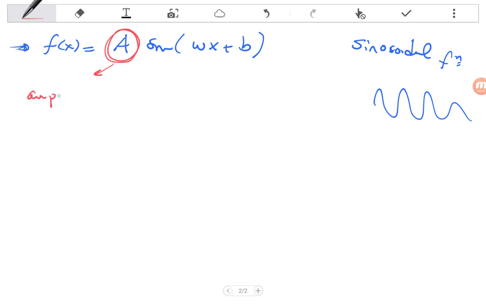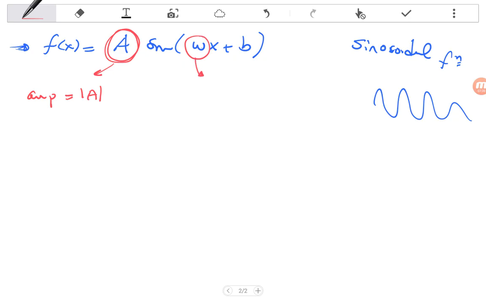The amplitude is equal to the absolute value of A. If it was negative, we don't say that the amplitude is a negative value. It is never a negative value.